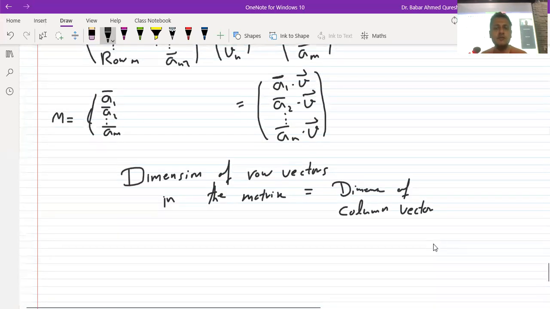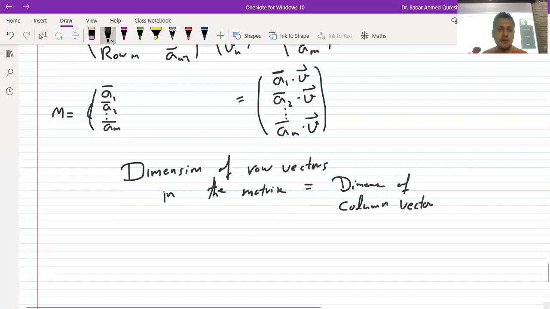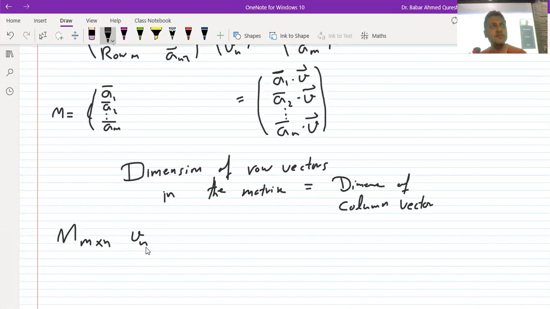Now that just means over here I have M row vectors, each of dimension n. That just means I have a matrix of M by n dimension, and my vector is n dimensional, and that's what you found in the previous definition as well.